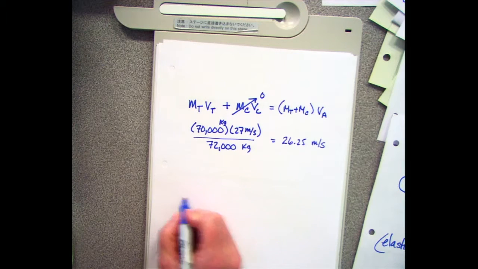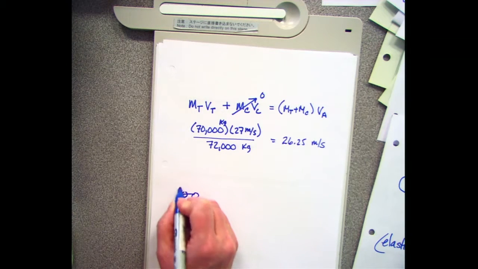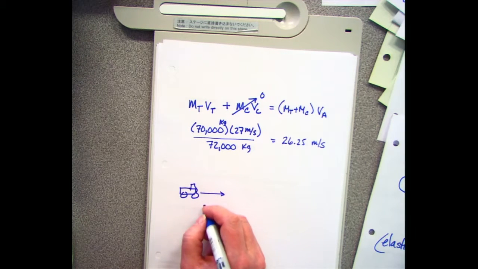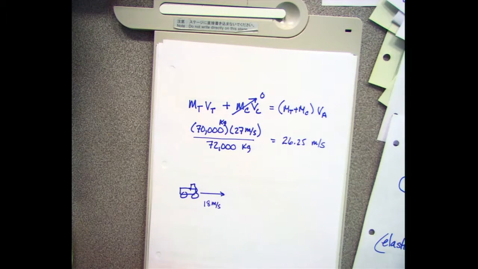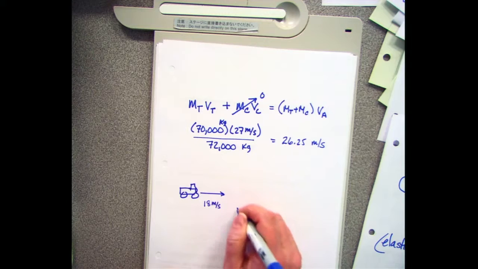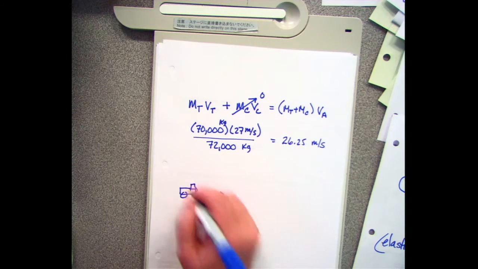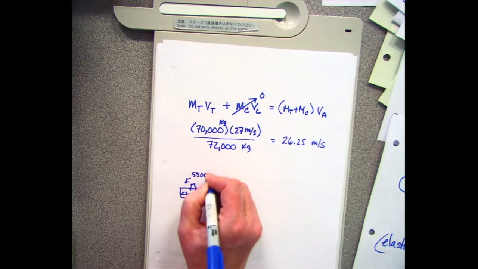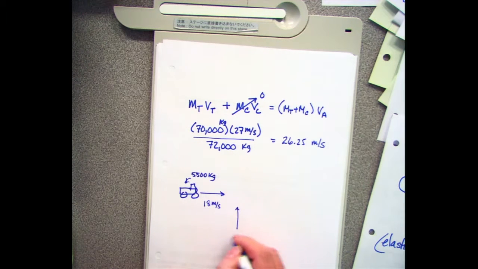Now, if I have a car coming in, and we'll be nice, we'll say it's coming in at 18 meters per second, and it's going to collide with another vehicle. Let's say this is a truck, so it's at about 5,500 kilograms. This is a nice little Fiat, again about 2,000 kilograms, and we'll give it a little bit of an oomph.